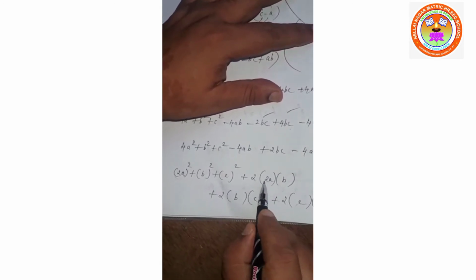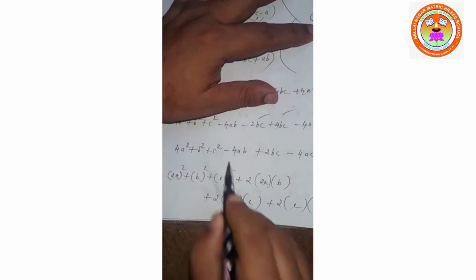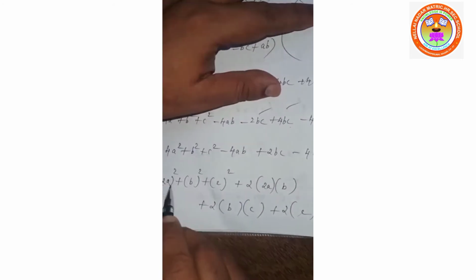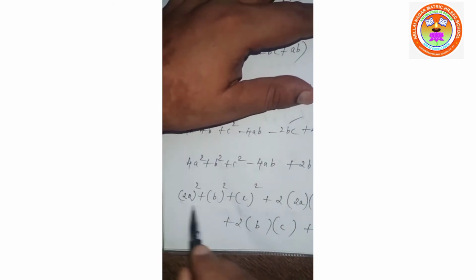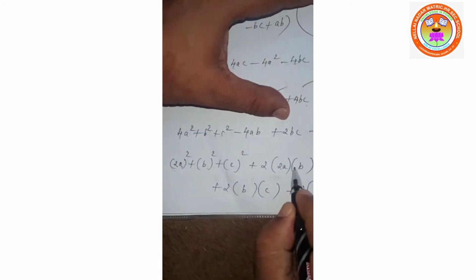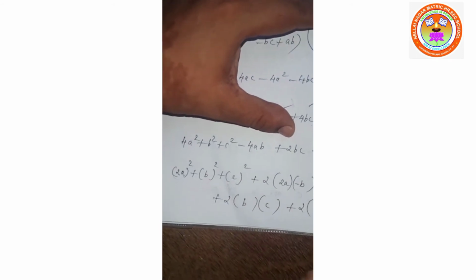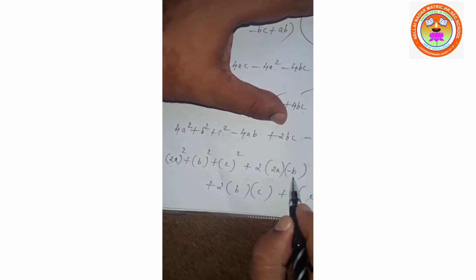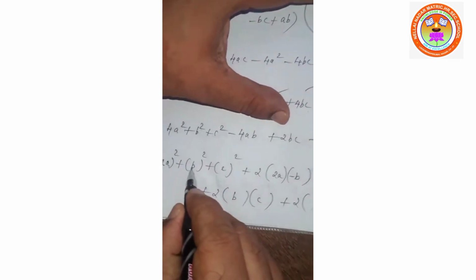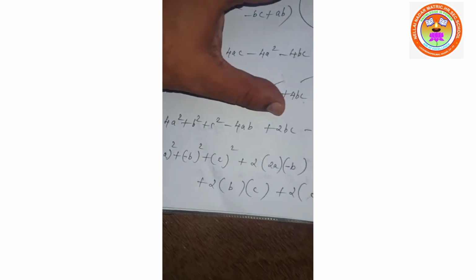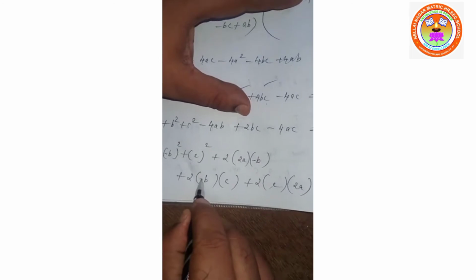So one has to be given minus. Generally we can give minus to a, but the first term cannot be negative. So what is the first term? 2a. So we have to introduce minus for b. Since I have introduced minus for b, wherever b comes that should be replaced by minus.